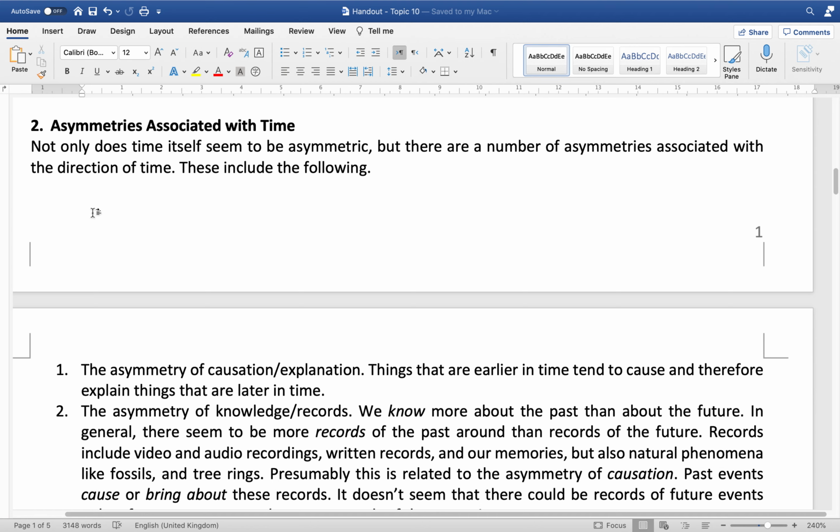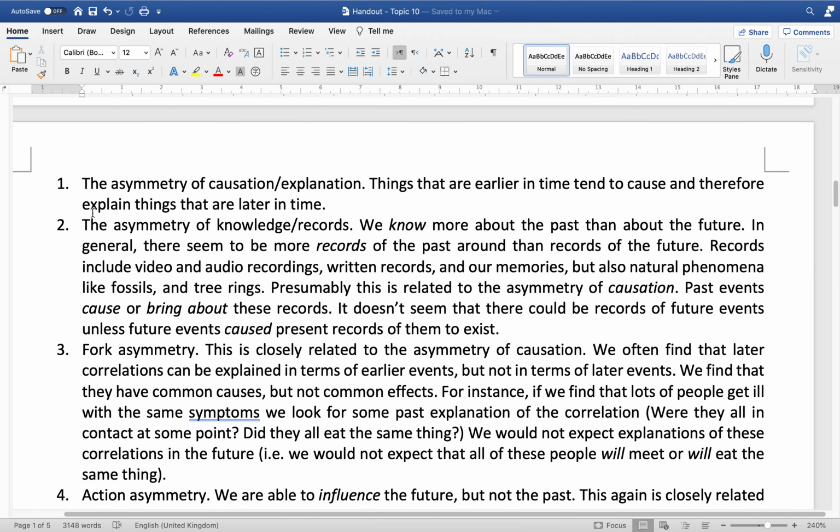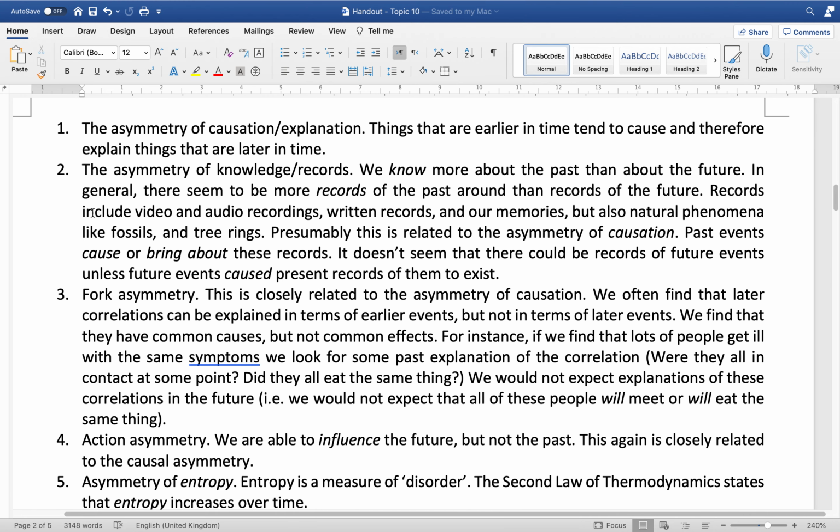Now, we talk about the asymmetry of time, but various philosophers, metaphysicians, philosophers of physics, physicists have noted that actually there are a number of asymmetries associated with the direction of time. And there's a partial list on the handout.